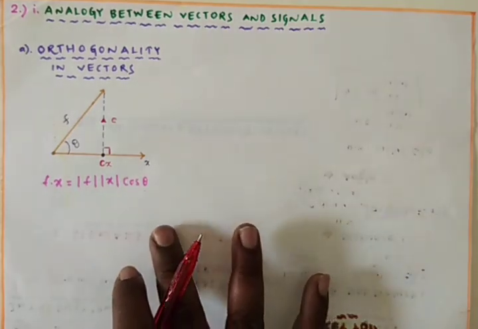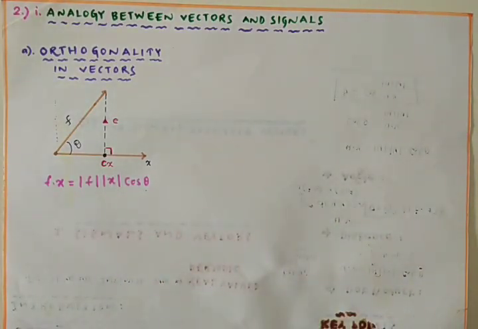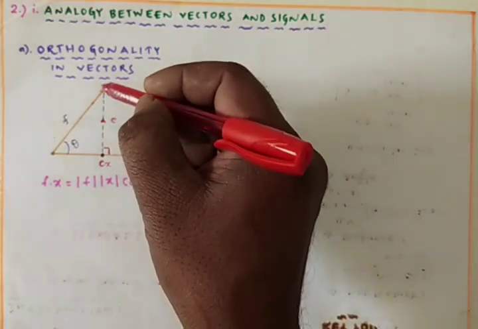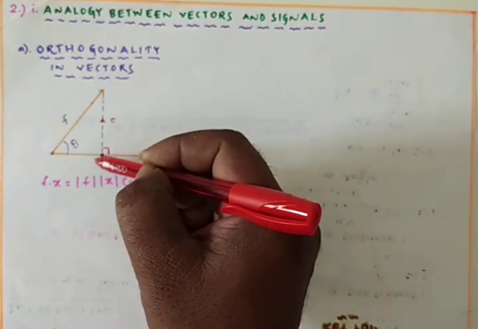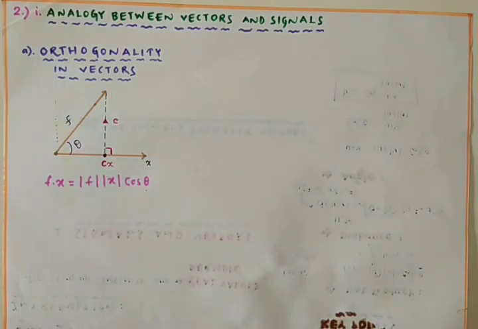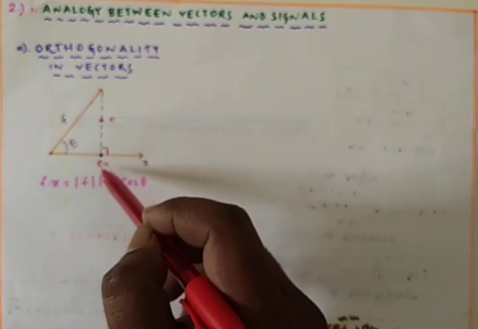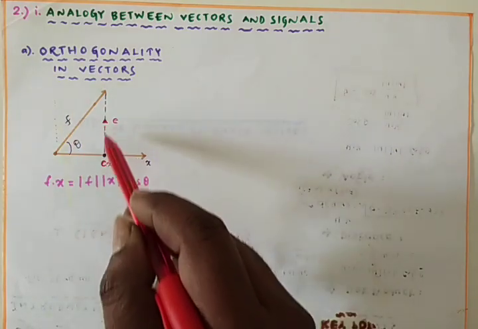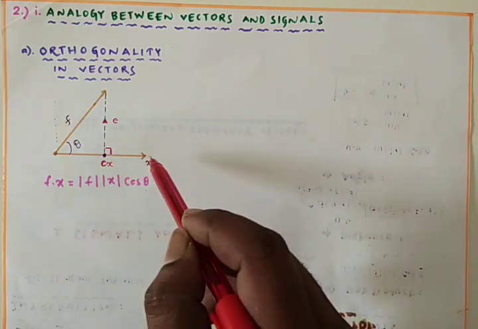From this figure we can say that Cx is the component of f along x, where f and x are the two vectors. In other words, Cx is the projection of f on x.